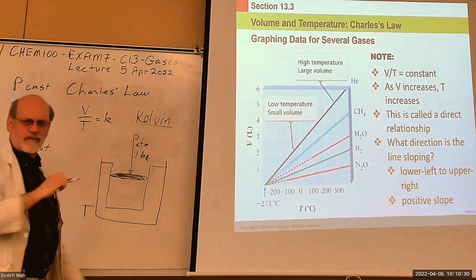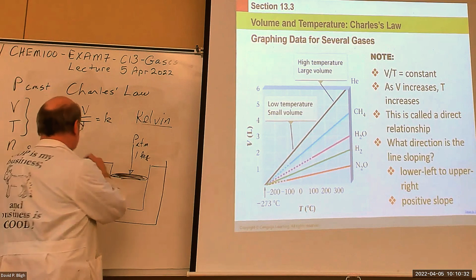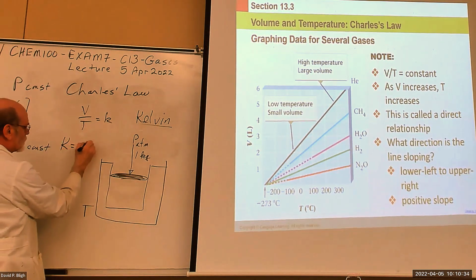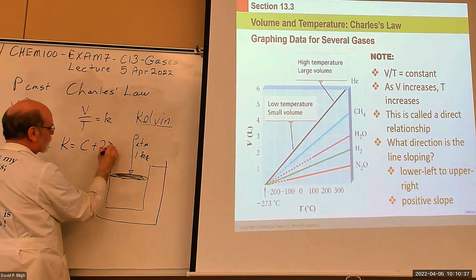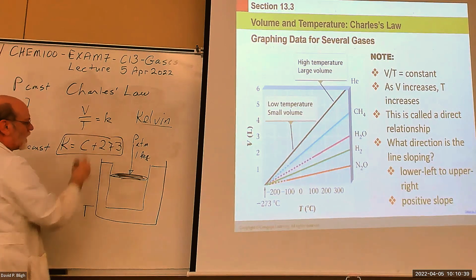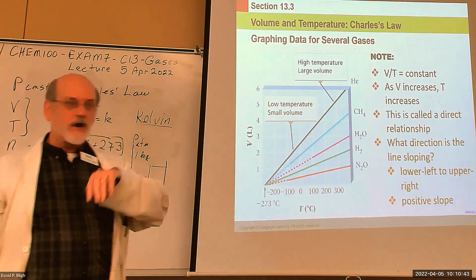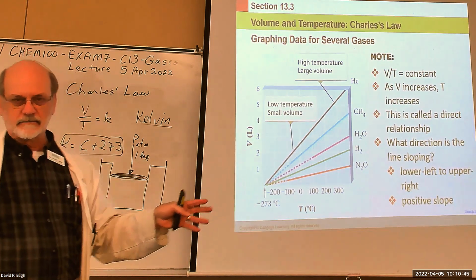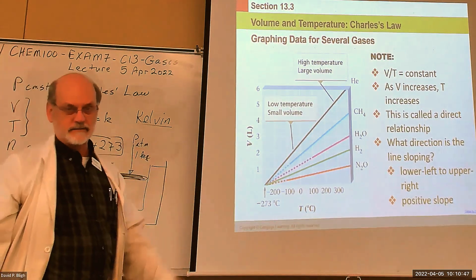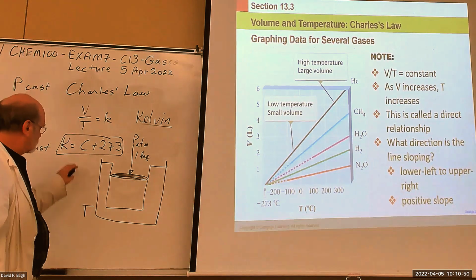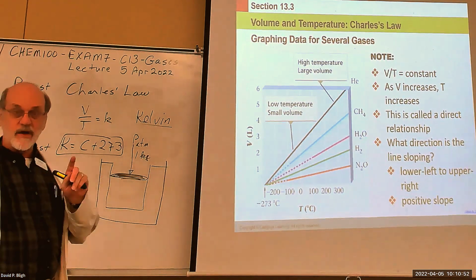I think I've described that before, right? Kelvin temperature equals Celsius plus 273. So all he had to do to make this formula work was to convert all of his temperatures to Kelvin. And now they're always positive. And remember that rule.